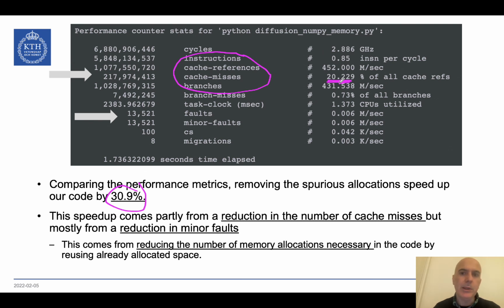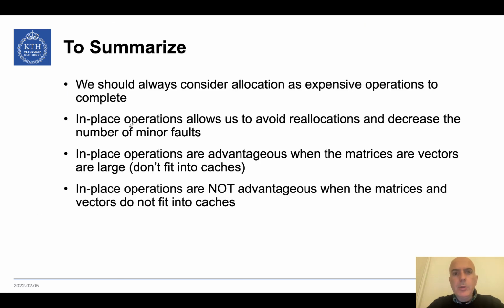We can do better, but previously we got 25%, so we got a certain improvement coming from a reduced number of cache misses, but most importantly are the minor faults. So minor faults are really correlated to the number of allocations. So the number of faults is reduced considerably.